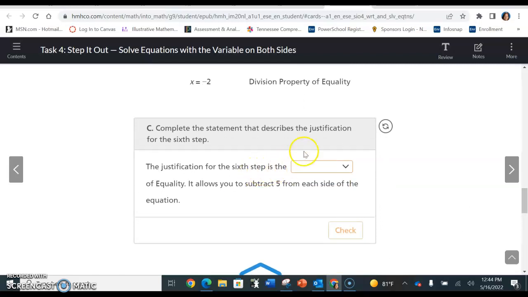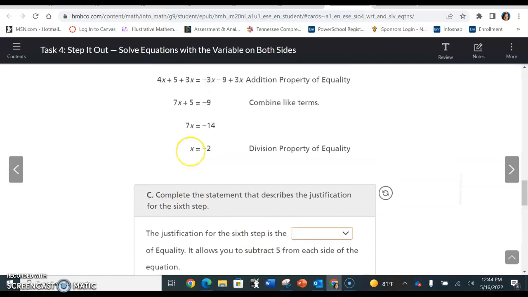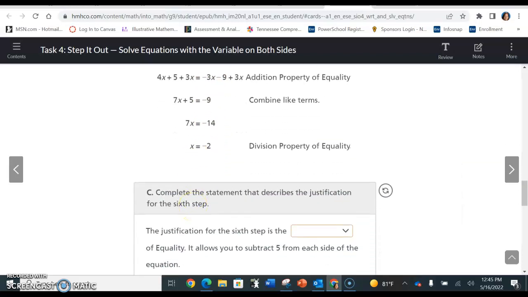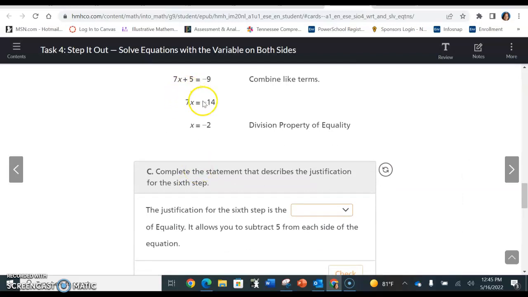So it says complete the statement that describes the justification for the sixth step. So let's see. One, two, three, four, 5, 6. All right, so 7x equals negative 14.